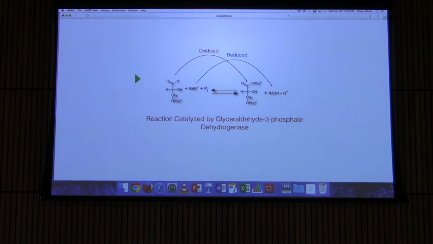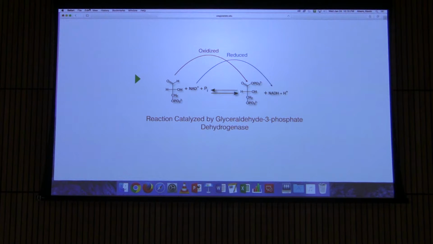And yes, this reaction is reversible. If I move from this guy over to this guy, that would be a reduction. Reversing an oxidation is a reduction. That means I have to have a source of electrons, and guess what the source of electrons would be? This guy right here. NADH going back to NAD would be an oxidation.